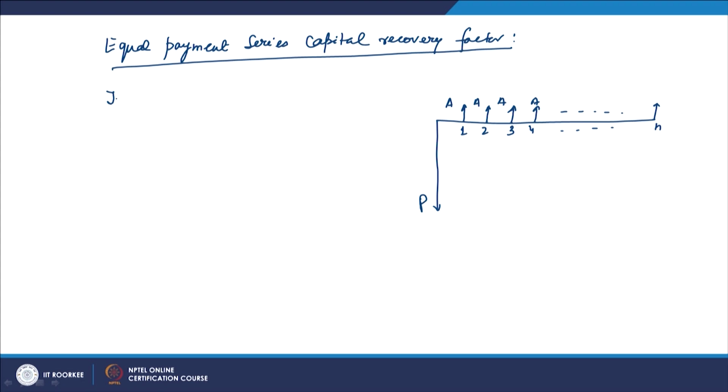So, this factor, when multiplied with P, will give the equal annual amount.